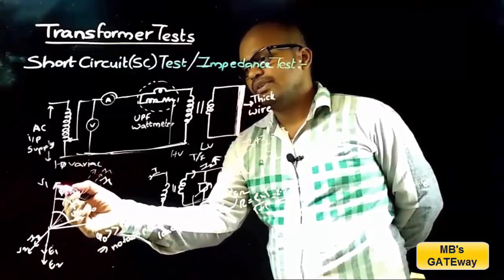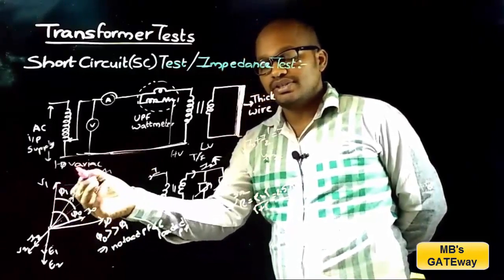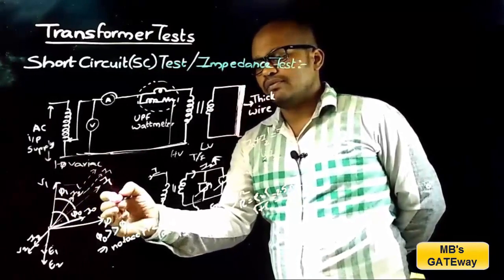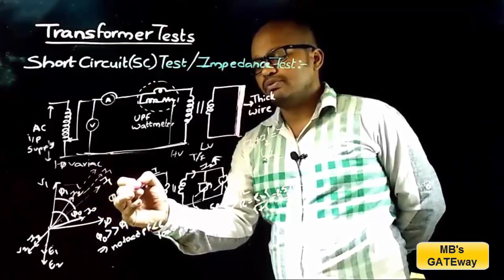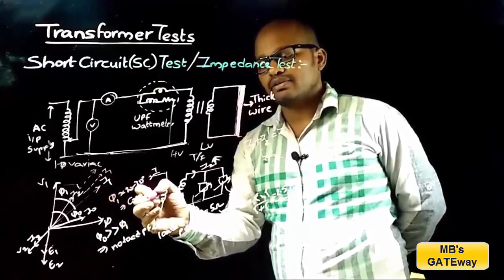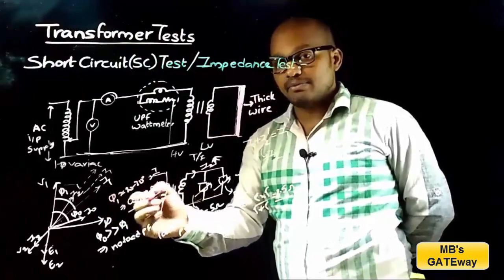And now the angle between V1 and I1 is further reduced, that is, phi 1 will be around 20 to 30 degrees. That implies cos phi 1 will be greater than or equal to 0.6, which can be considered as high power factor.